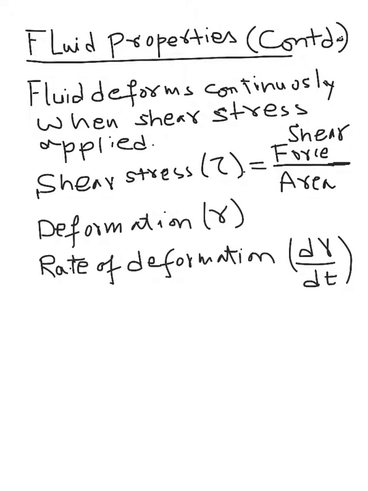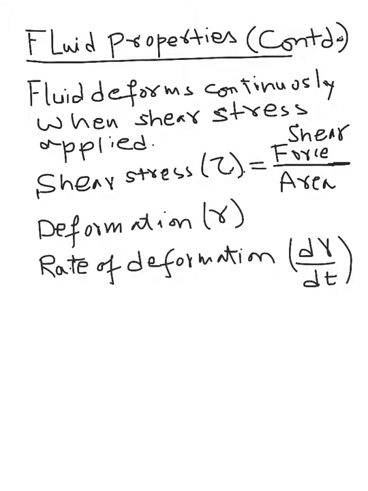Now shear stress we usually indicate with the symbol tau, and as you know, it is the shear force that acts among the layers of the fluid divided by the area onto which it is acting.